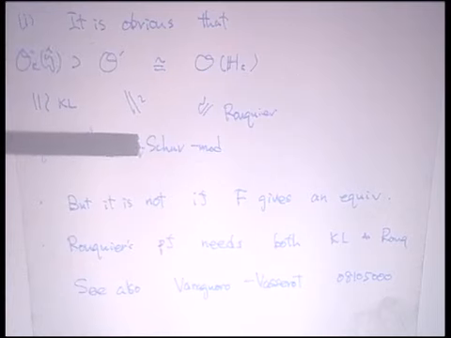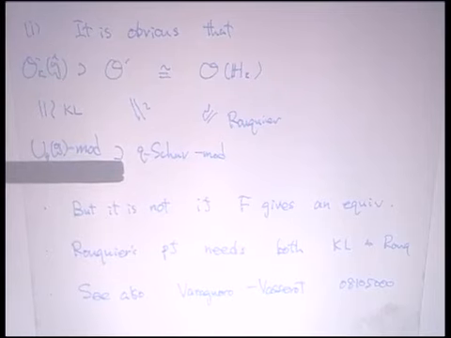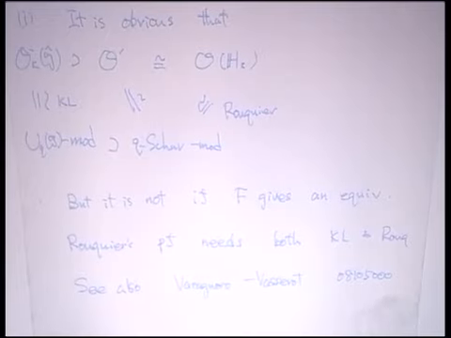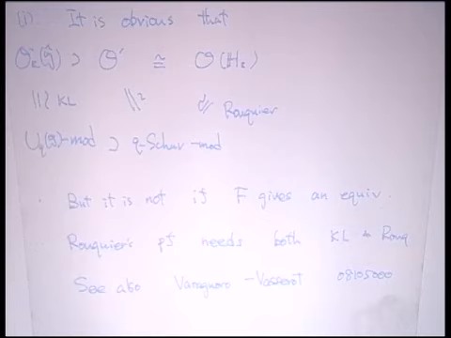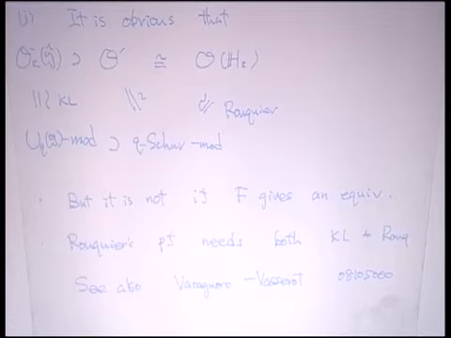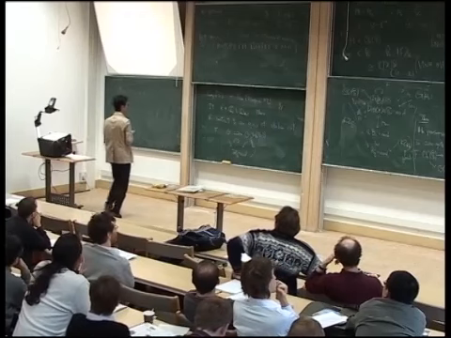So we have this equivalence, and the q-Schur algebra was proved to be equivalent to the category O for the rational Cherednik algebra by Losev using the argument of highest weight covering. So this and this are equivalent as categories. But as I said before, it is not obvious that F gives this equivalence.